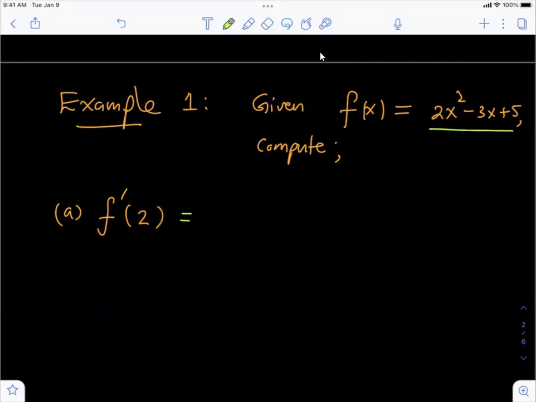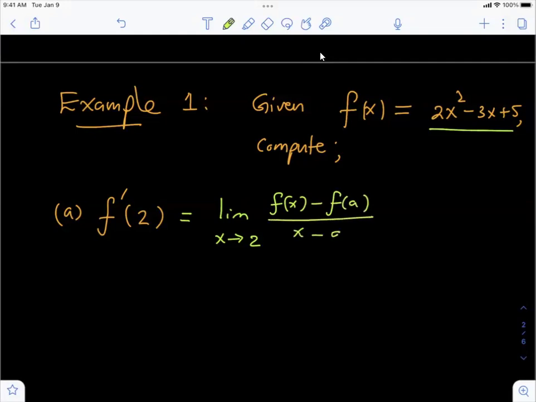First of all, f prime at 2. By definition, now when you have a right here, you're going to get x goes to a in this position, but now it's going to be just 2 because that's the fixed value of a. And f of x minus f at a divided by x minus a.